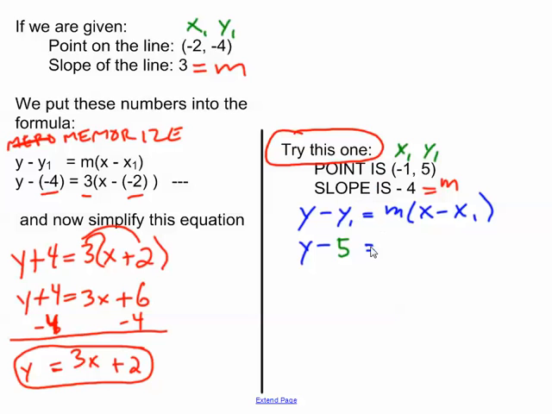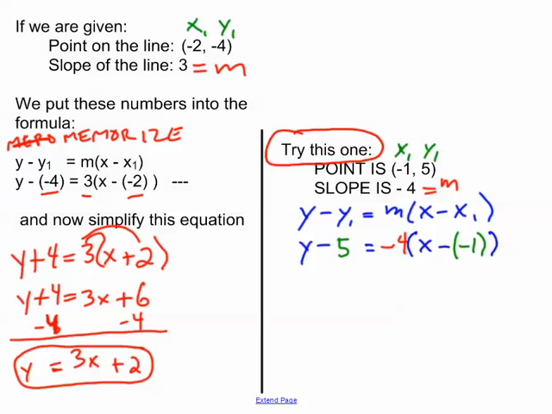Slope m is negative 4, so now we say negative 4 times x minus x1. x1 is negative 1, so we plug in negative 1 right there. Put it in parentheses because we're subtracting the value for negative 1. And then we just close the parentheses, and now we just solve.